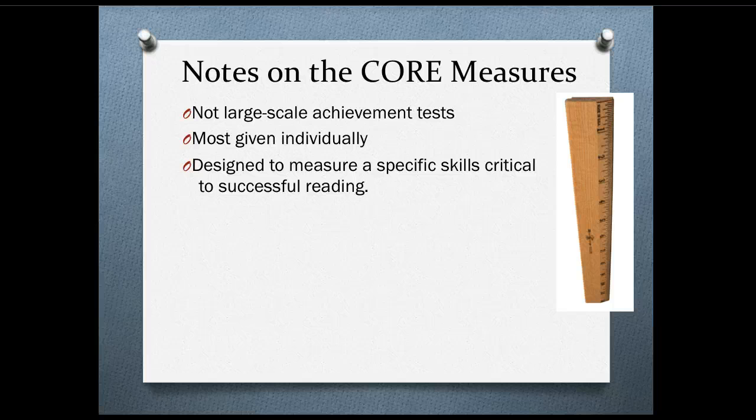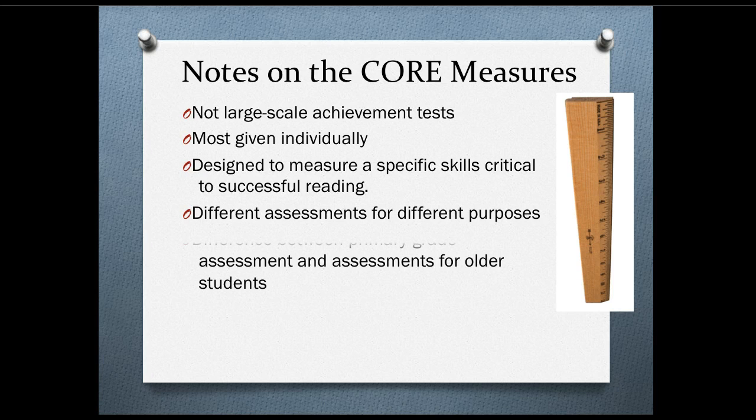Designed to measure specific skills critical to successful reading. Different assessments for different purposes, and a difference between primary grade assessments and assessments for older students. So be aware that there are assessments geared for primary students as opposed to doing them with older students.